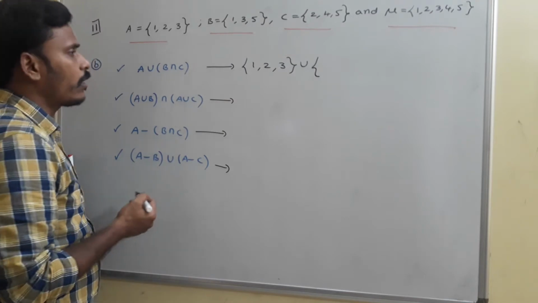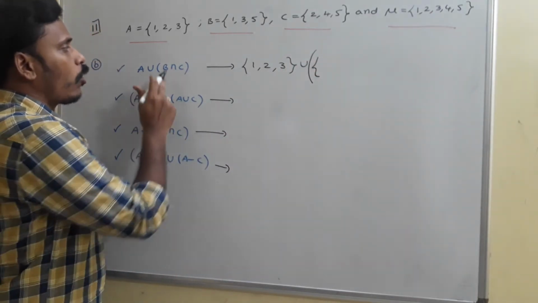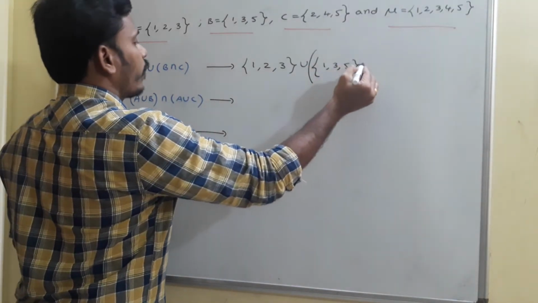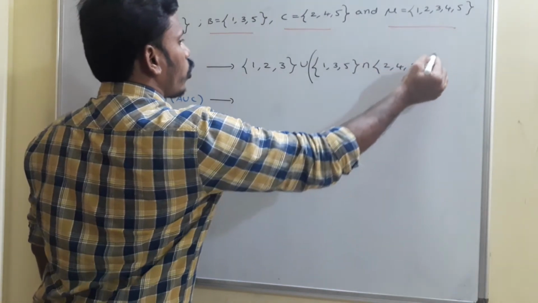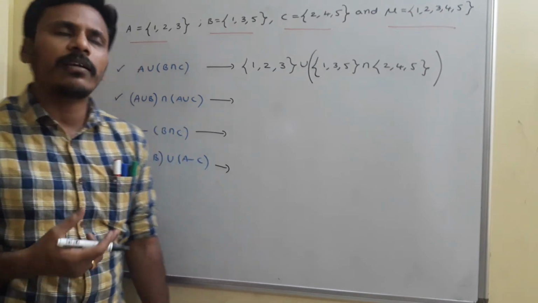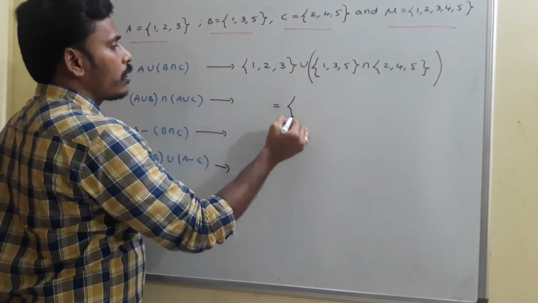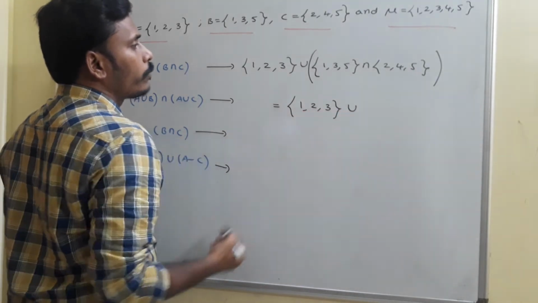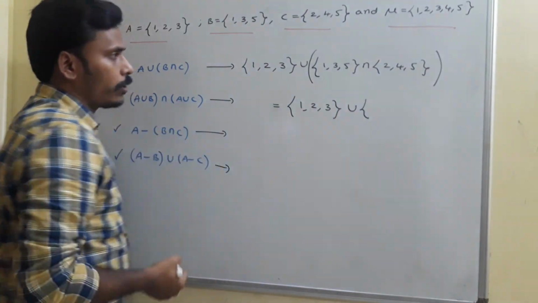Is it right? Can I write? Or otherwise you may use the bracket here itself. So bracket of B intersection C. B is {1, 3, 5} intersection, C is {2, 4, 5}. That's your choice actually. If you feel easy to write directly, then attempt directly, or otherwise write in such a manner. So this equals {1, 2, 3} union, and in this bracket you need to calculate the intersection.